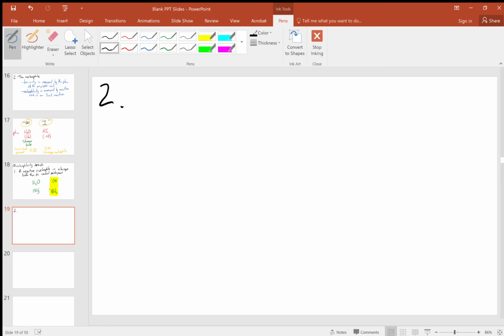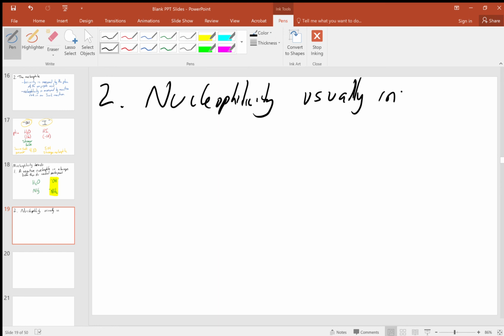Second trend: nucleophilicity, the ability of something to function as a nucleophile, in general increases going down the periodic table.